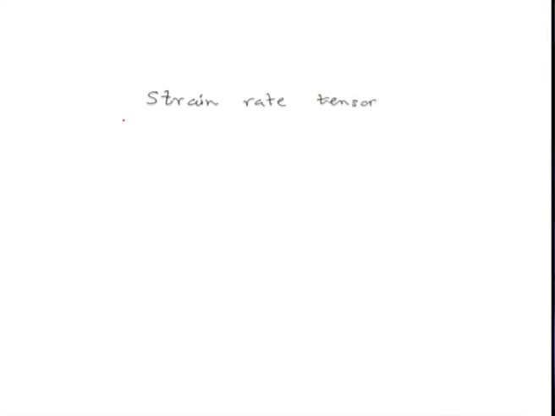Very often people use the symbol capital S, or some people prefer to use small e. So, this can be represented as half of del Vi over del Xj plus del Vj over del Xi.